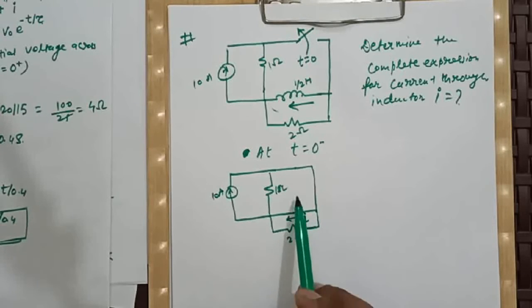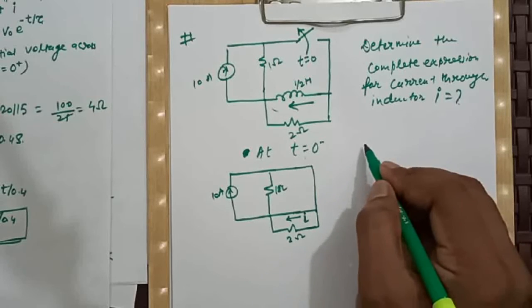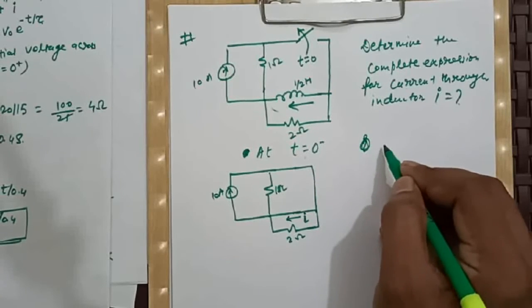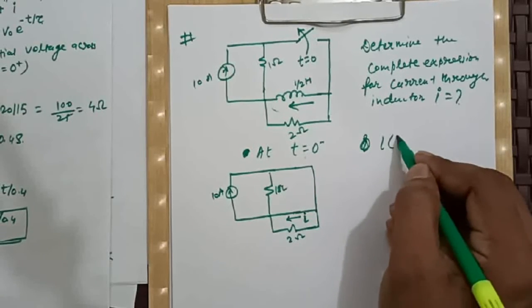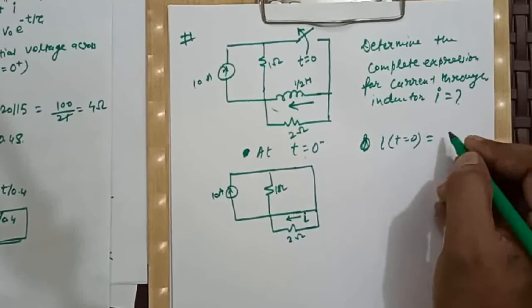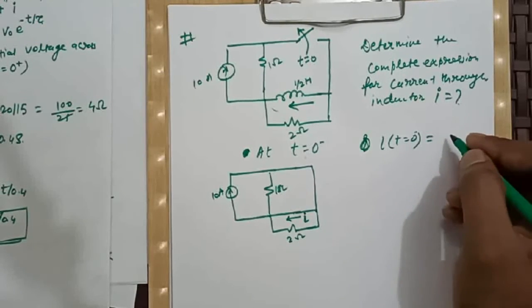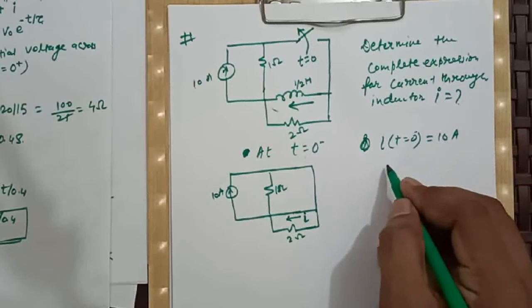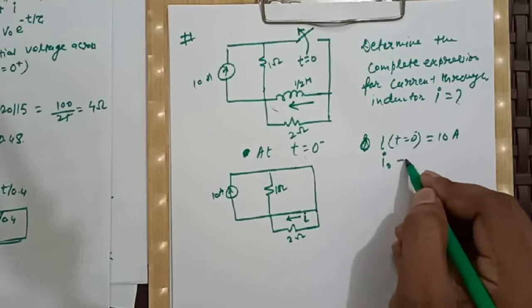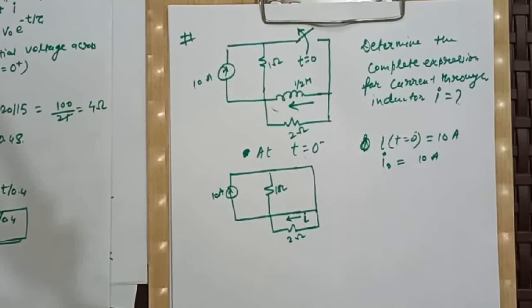So I at t equal to 0 minus will be 10 ampere, or simply saying I naught is equal to 10 ampere, right?